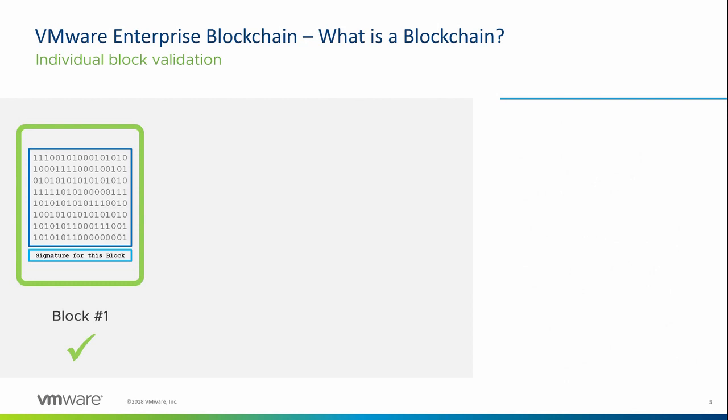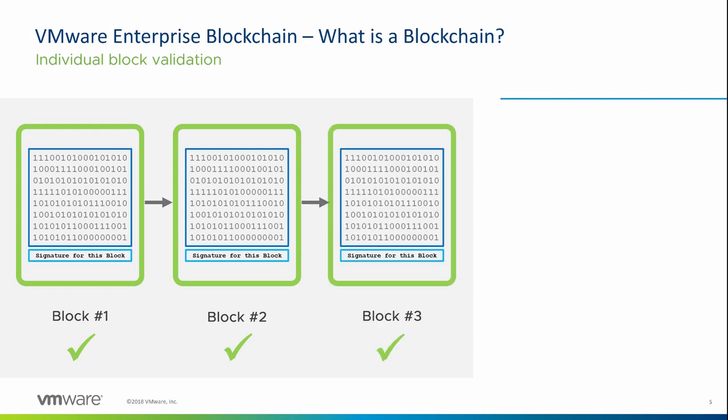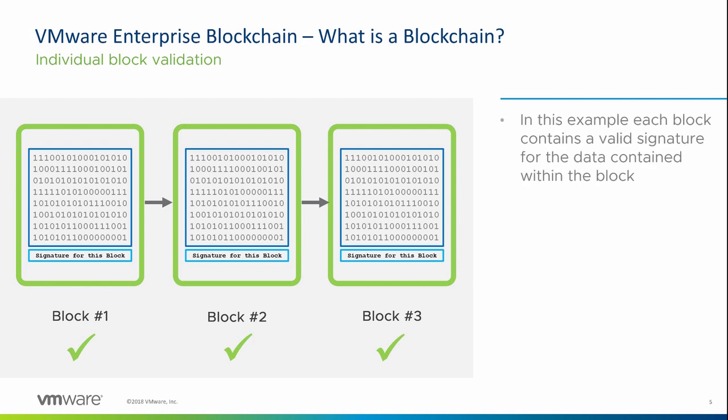So here's my first block. I've got the data in the block and a signature, and the data and the signature match, so I've got a green tick or check mark at the bottom there. I'm happy with this block. And I can do the same for block number 2 and block number 3. Again, I'm creating a blockchain. So in this example, every block contains a valid signature for the data contained in the block.